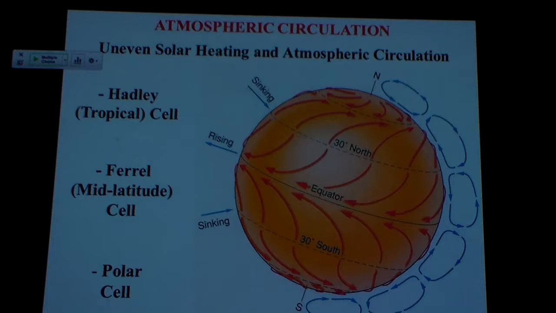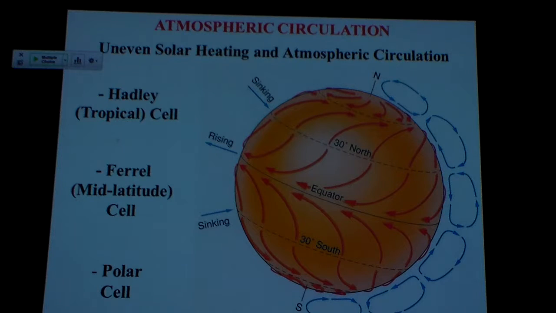So I've got this model of heat rising at the equator, moving heat to the poles, cold at the poles sinking, creeping along Earth, getting back to the equator. That would kind of mean I've got a bowl around the northern hemisphere and a bowl around the southern hemisphere, making up these circulation patterns. But it isn't quite that simple.